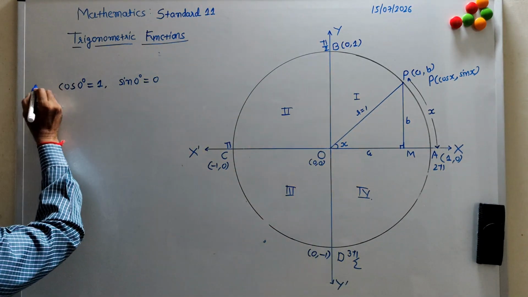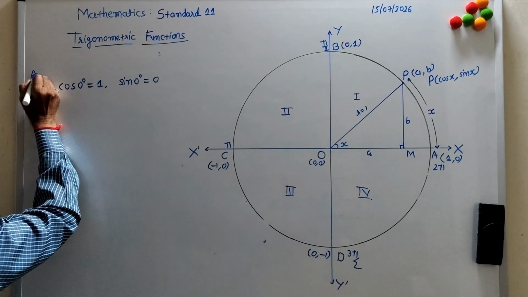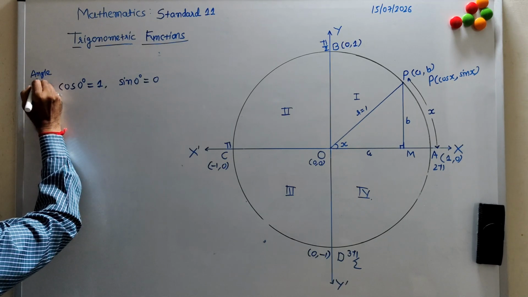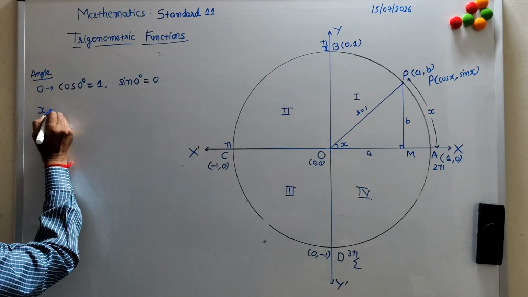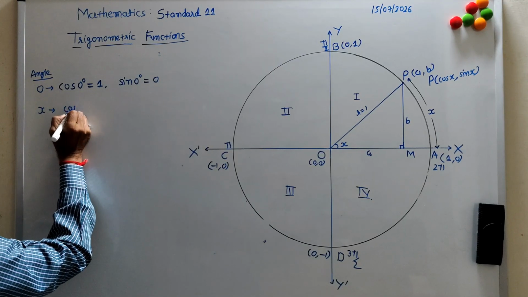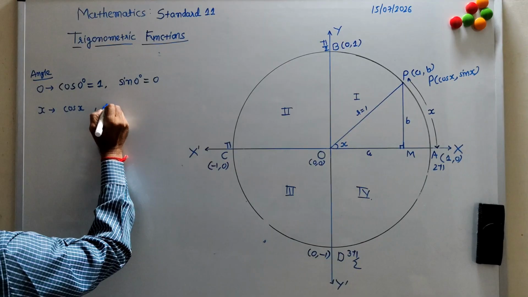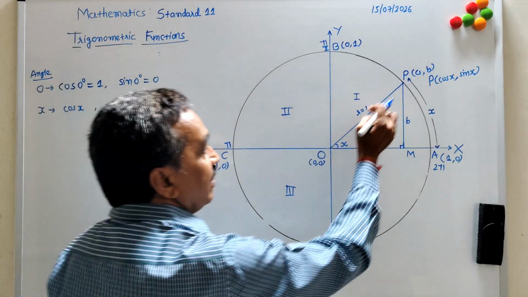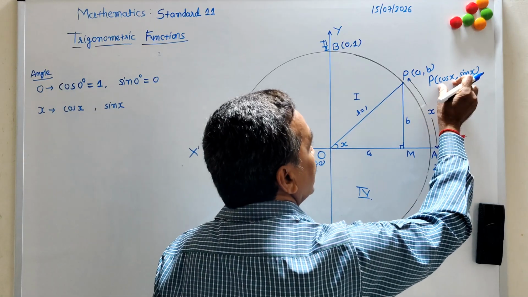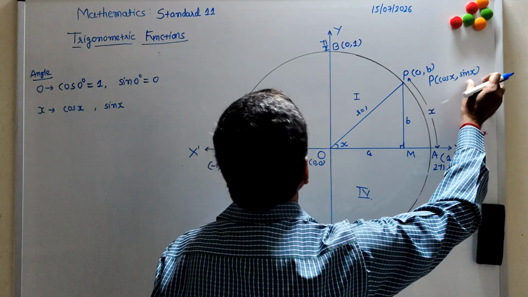Here, for angle x, if the angle is x, then the coordinate of this point is cos x and sin x.